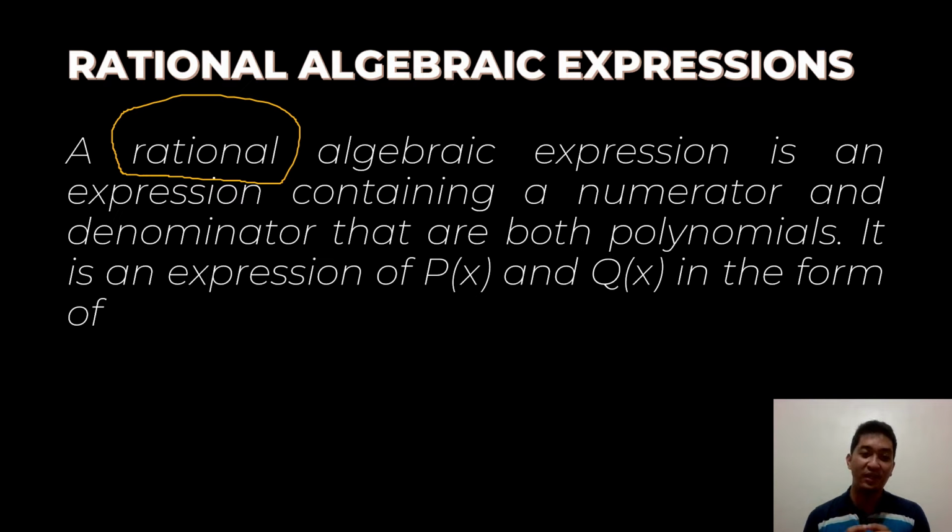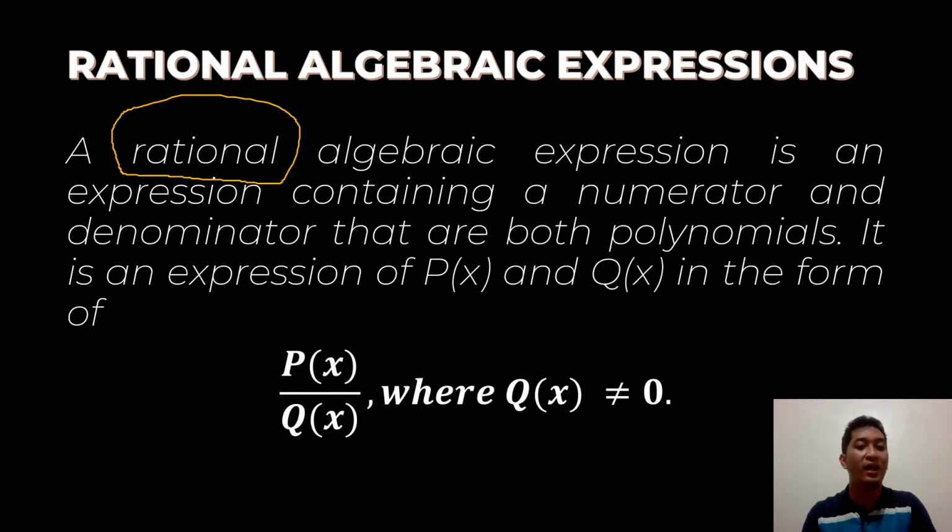So pag sinabi natin rational algebraic expression, it is a fraction that contains algebraic expression. So it is an expression of p of x and q of x in the form of, so this is the usual form of a rational algebraic expression. We have p of x over q of x, or the algebraic expression of the numerator and the algebraic expression of the denominator.